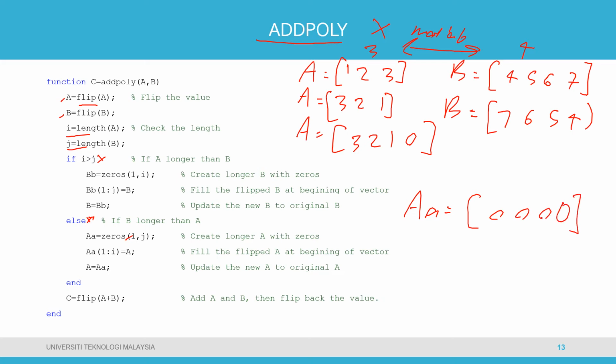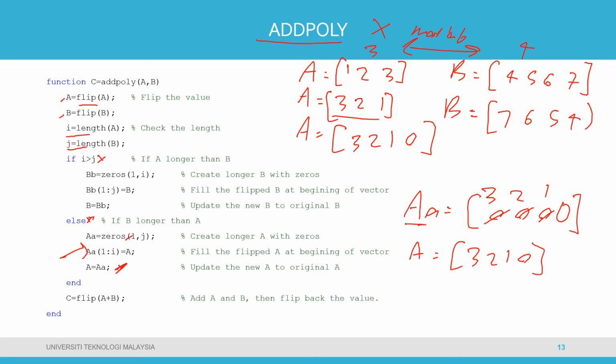And then you insert the value, the original A, inside here. Insert it 3, 2, 1. And then lastly, you convert this value into the original A, equals to 3, 2, 1, 0.